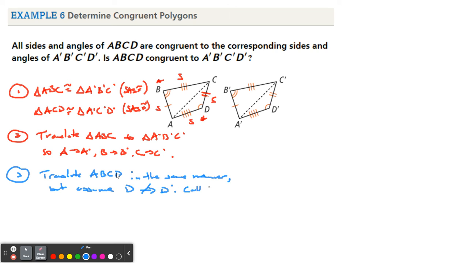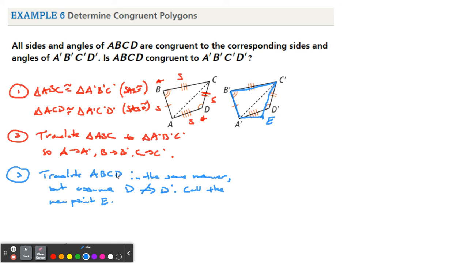Call the new point E. So now we've slid this. So A prime is A, B prime and B, C prime and C, but we're going to have this point out here, E. So instead of D going to D prime, we're going to have this fourth point out here, E.